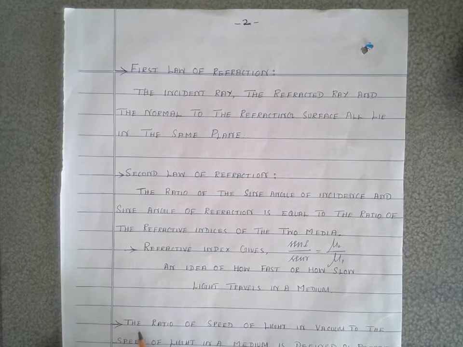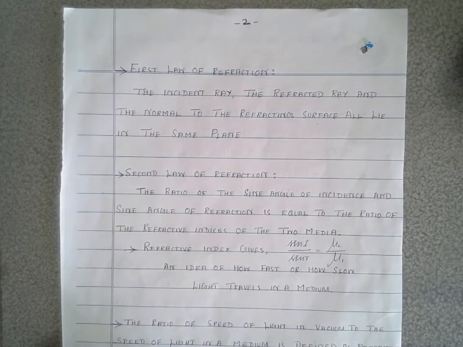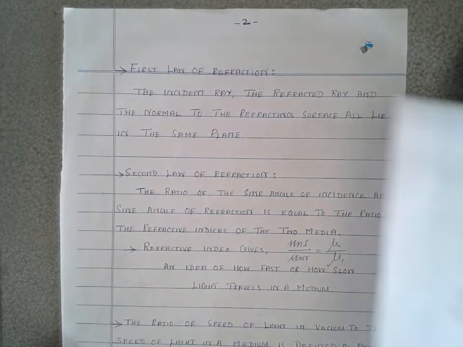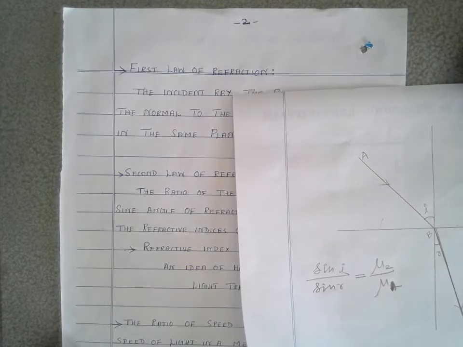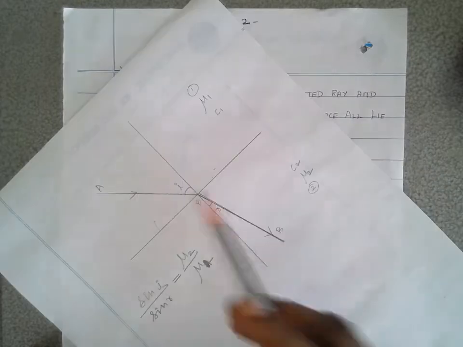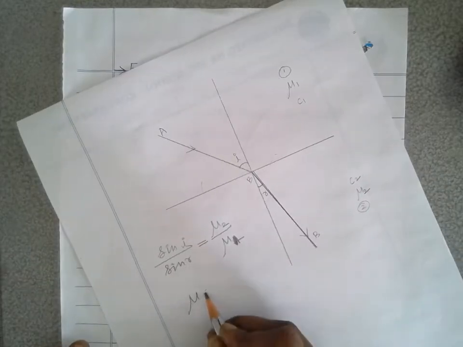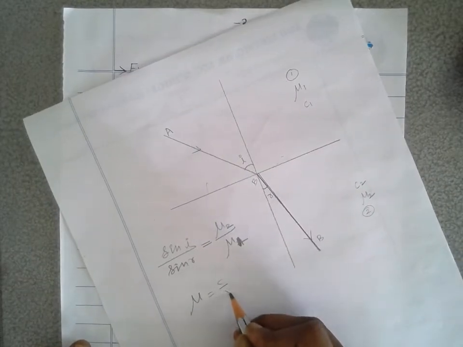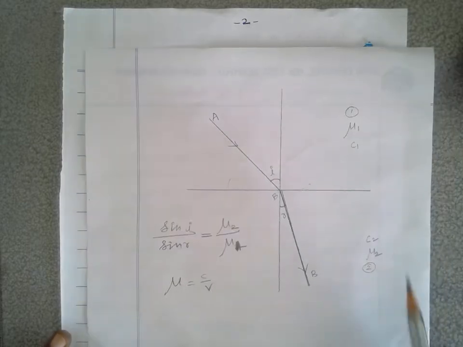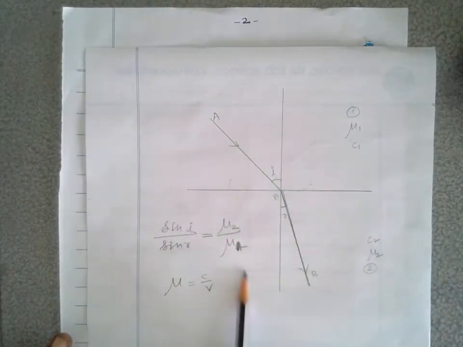The ratio of the speed of light in vacuum to the speed of light in a medium is defined as the refractive index mu of that medium. One more definition for refractive index is mu equals c by v. Suppose I consider this as the vacuum and this one as a material medium.